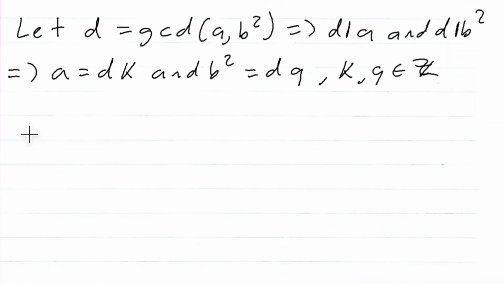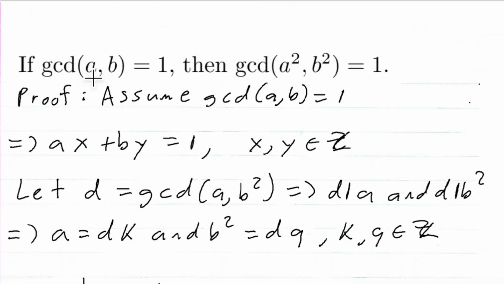All right, so now I'm going to go back to my equation. I know that AX plus BY is equal to 1, because I know the GCD of A and B is equal to 1.